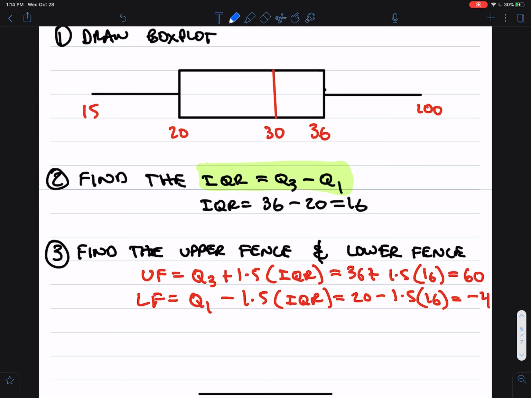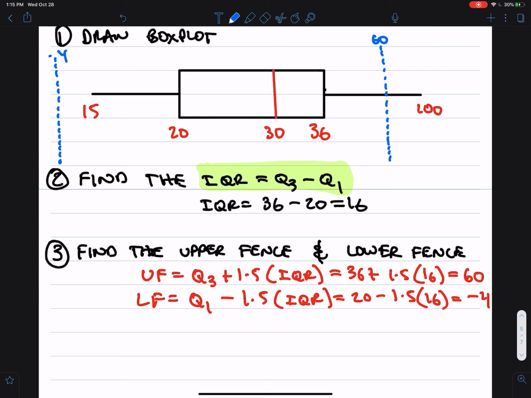So I'm going to put a fence, let's just say it's right here somewhere. So that's the number 60 right there. And then also, I'm going to put a fence at -4, which is to the left of 15. So I'm just going to approximate.